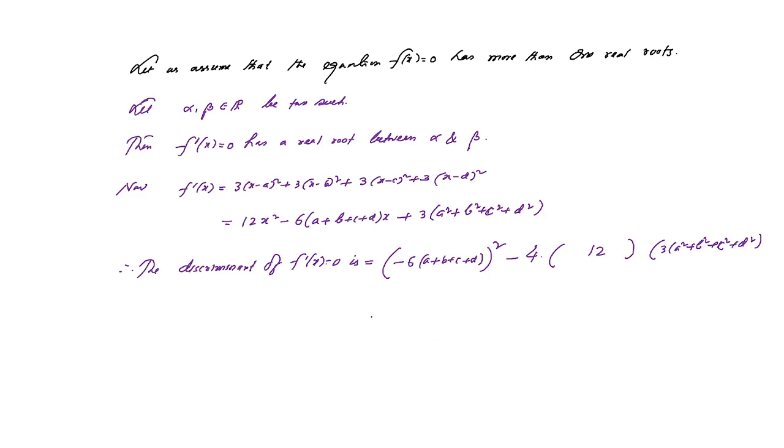So what is this value? This is 36(a + b + c + d)² − 144(a² + b² + c² + d²).